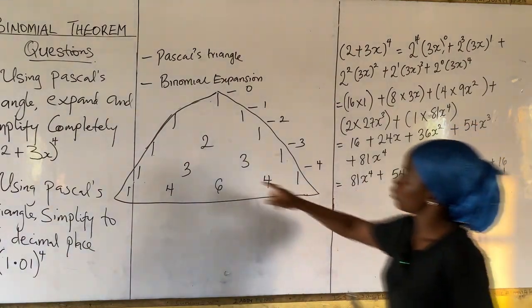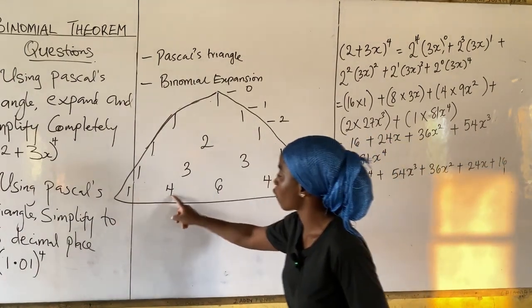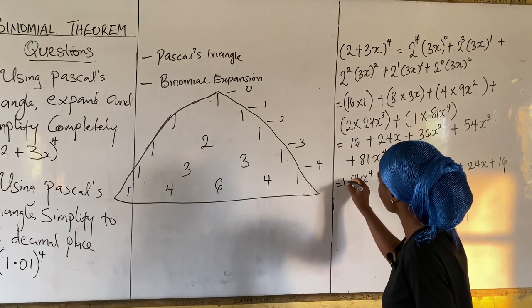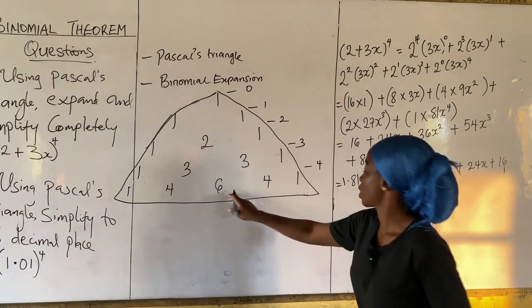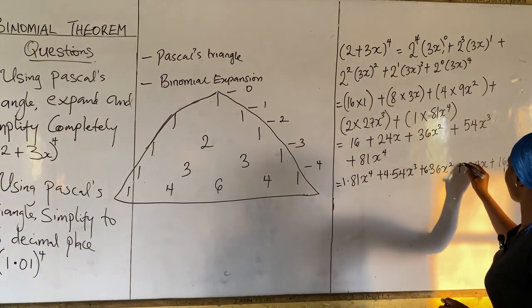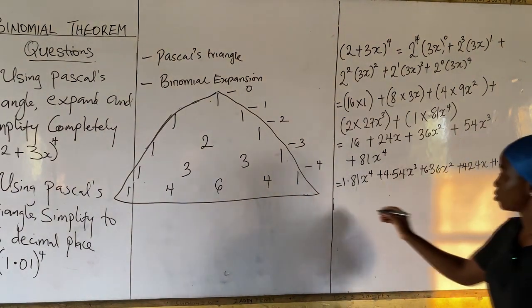So now, let me impute my Pascal triangle. Now, my Pascal triangle says 1, 4, 6, 4, 1. So I'll be having 1 dot, the next one, 4 dot, the next one, 6 dot, the next one, 4 dot, the next one, and 1 dot. So let me write it very well.